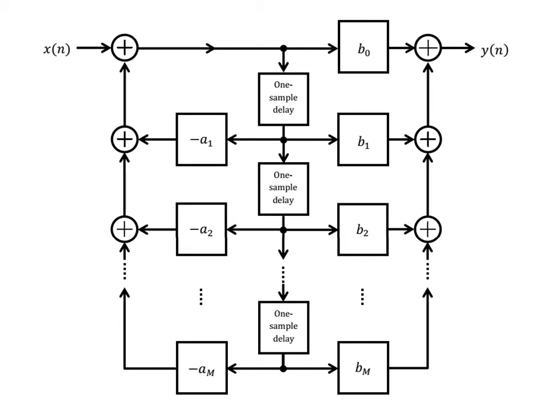Here it is, and by saving that hardware, we now lower the cost of the filter. But otherwise, it is exactly the same as before. We have now a combination of two transfer functions being multiplied together.